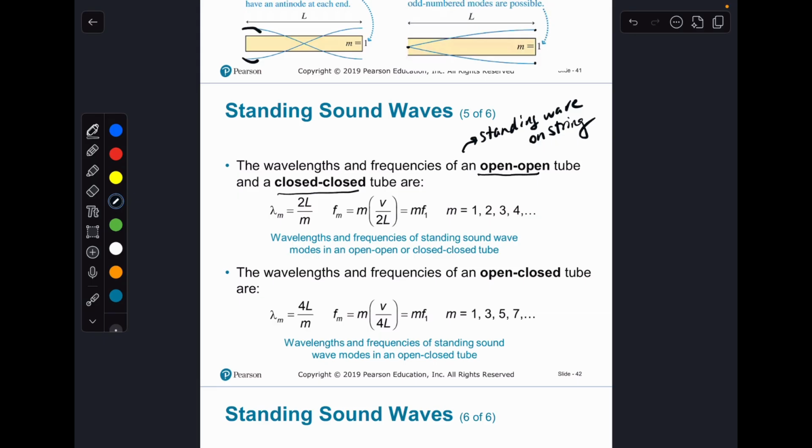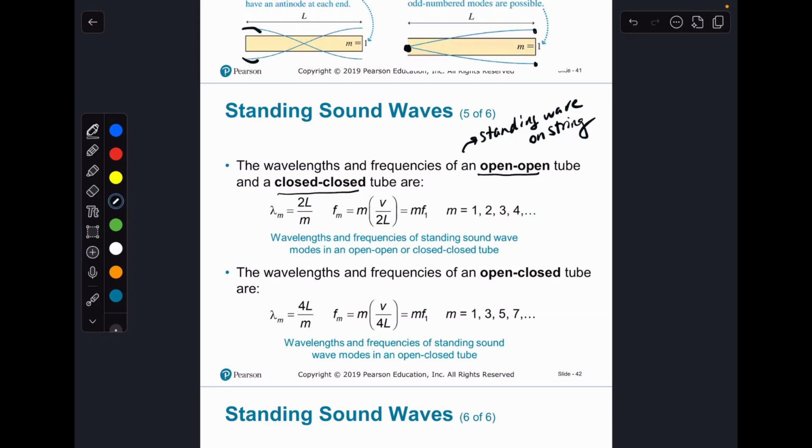However, the open-closed tube has a different relationship. That's because the open side has your node and the closed side has your antinode. It's not symmetric. And so the wavelength is going to be 4 times the length divided by the mode number.